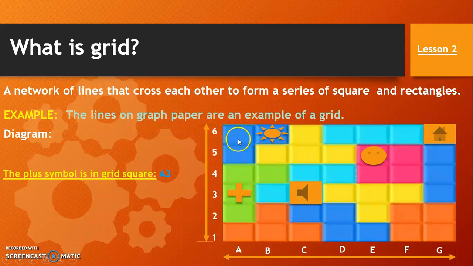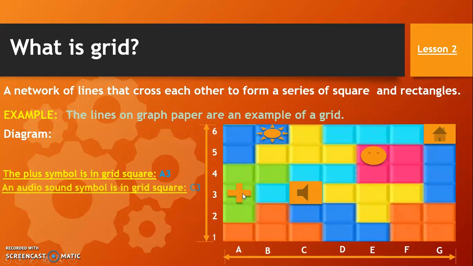So both the A vertical column and the 3 horizontal row combine to make which grid square? This A3 grid square. And which symbol is placed in this grid square? The plus symbol. So the plus symbol is in grid square A3.